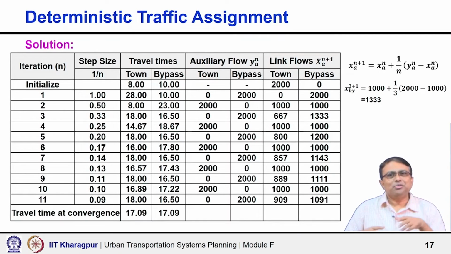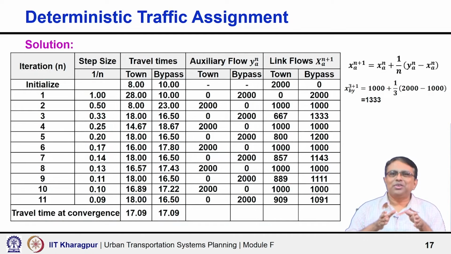But then what is my update of flow? Now, my next update of flow, you can see the link flows are x_a^(n+1). That means for the (n+1)th iteration this is the update, but y_a is for the nth.